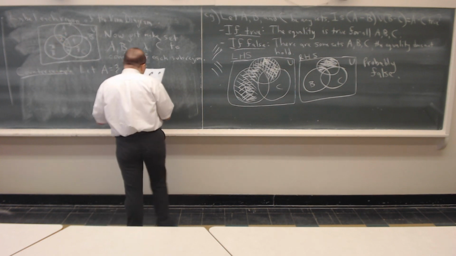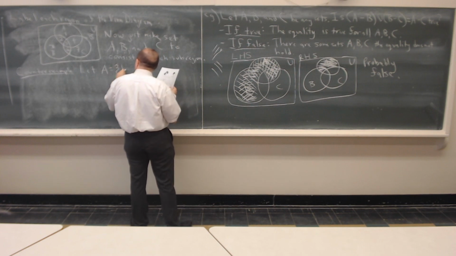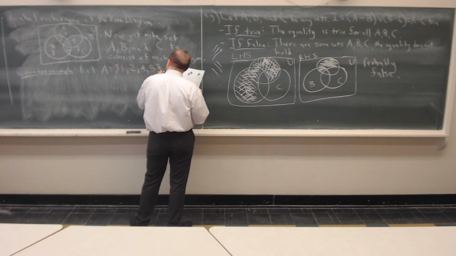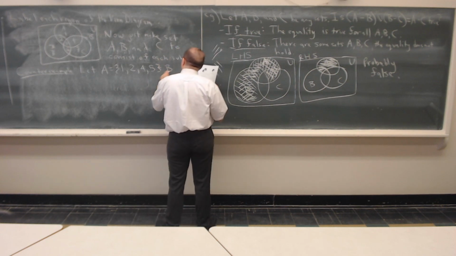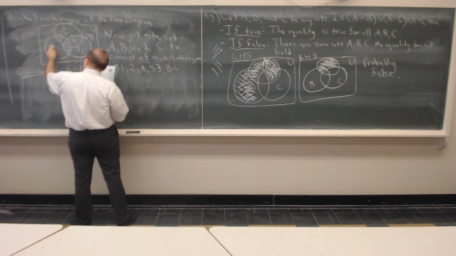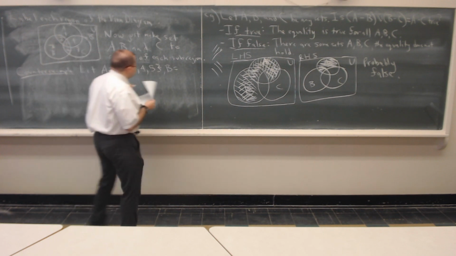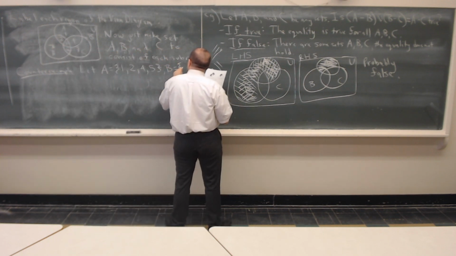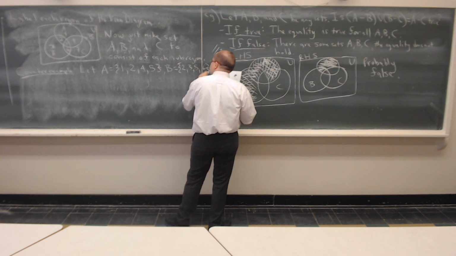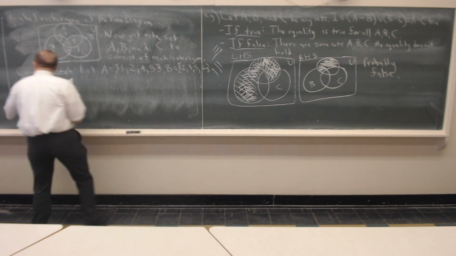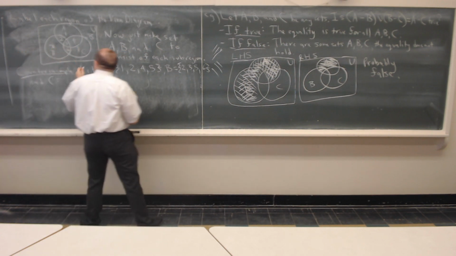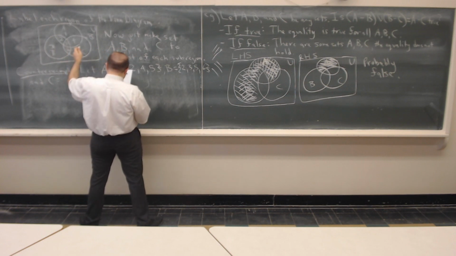So that's what's going to be in A. B is going to be, let's see, 2, 3, 5, and 6. And lastly, what do we have in C? We have 4, 5, 6, and 7. Yes, very good.